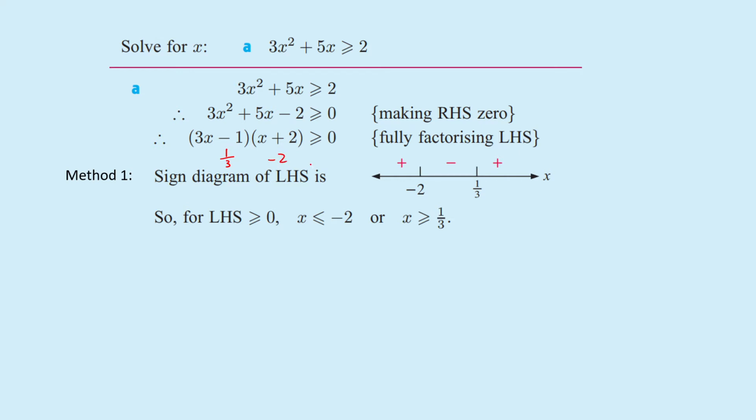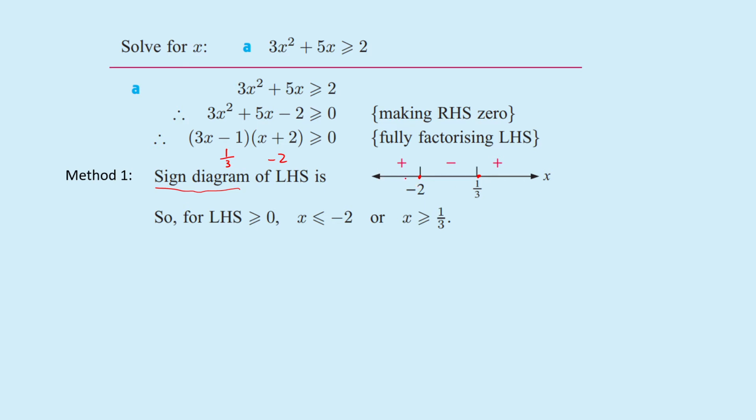Then we have two methods. Method 1, we can use the sign diagram. That means we draw a number line and put our two solutions on the number line. Then we consider the sign in different areas.